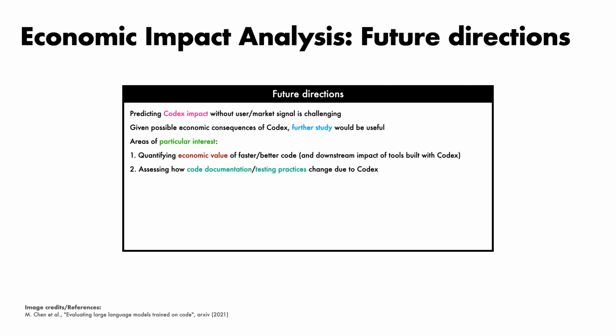Second, assessing how code documentation and code testing practices change as a consequence of Codex. On the one hand, it may make it easier to write documentation, but it may also propagate subtle errors that lead to bugs later. It may make code tests easier to write, but the prospect of over-reliance on the tool may have negative consequences for documentation and testing quality.